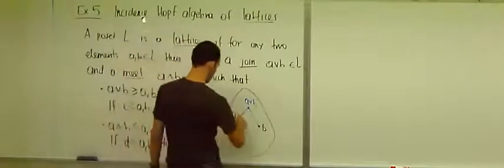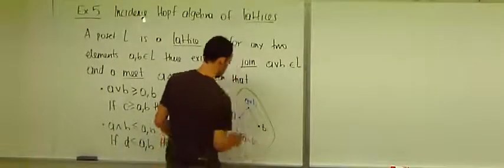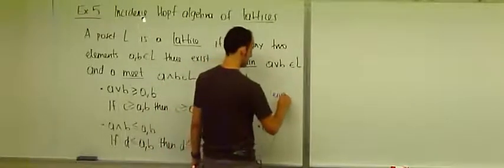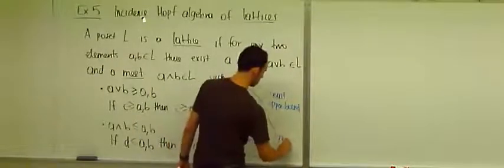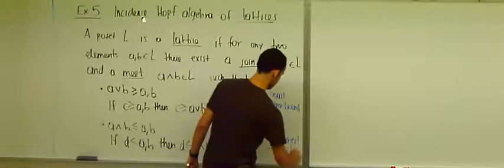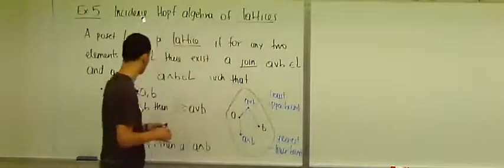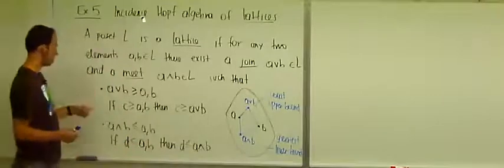The join. And the other way around. So the meet is going to be somewhere down here. Okay? So you can think of this as a least upper bound for A and B. And you can think of this as a greatest lower bound. So that's what it means to be a lattice. You need a join and a meet.